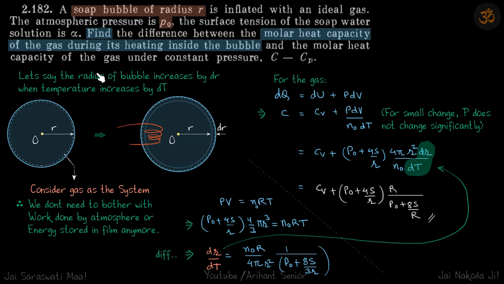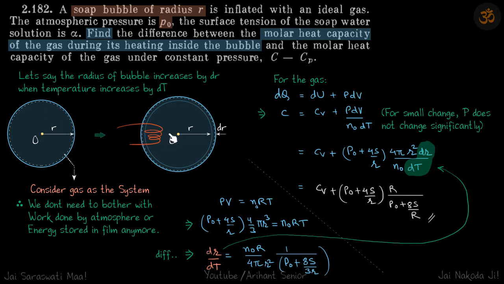In the previous problem, problem 2.181, we were taking some external gas and putting it inside to increase the bubble size. In that case we had to bother with the work done in the compression of the gas and the work done on the film formation. But here we are heating the gas from the inside, so by limiting our system we don't need to bother about the atmosphere and film anymore.